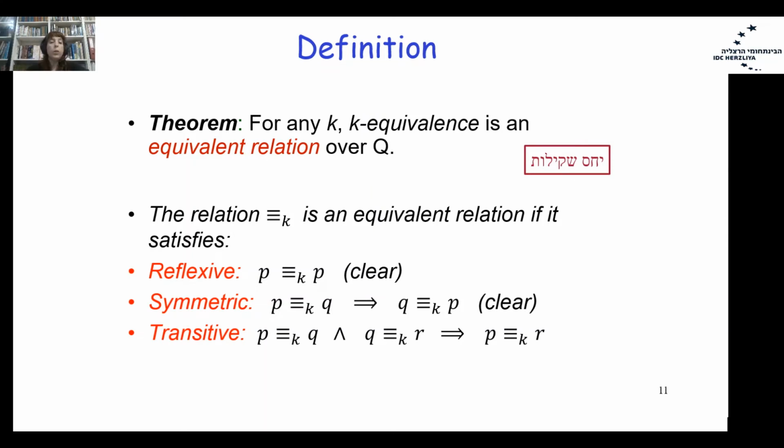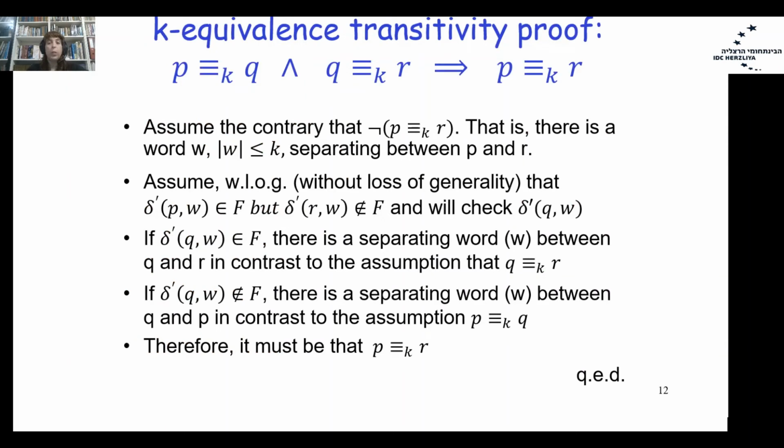Let's talk about the transitive relation, which we will prove. If p is k equivalent to q and q is k equivalent to r, that means that p is k equivalent to r.